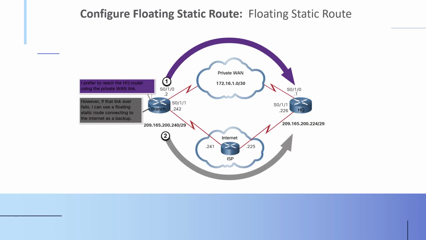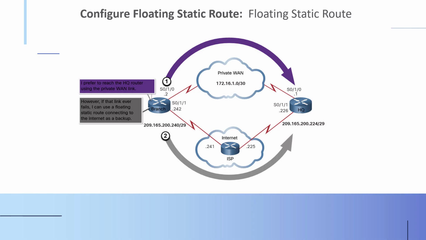Here we have a figure, and in this figure the branch router typically forwards all the traffic to the headquarters router over the private WAN link. In this example, the routers exchange routing information by using EIGRP.